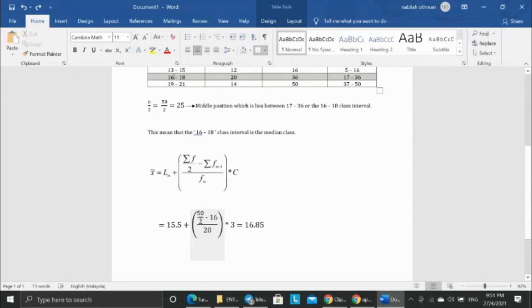Next, we minus with cumulative frequency of classes before class containing the median, which is 16. And then we divide by frequency of the median class, which is 20. Next, we multiply by width of the class median, which is, we can use upper class boundary minus lower class boundary, and we will get 3. And last, the answer is 16.85.